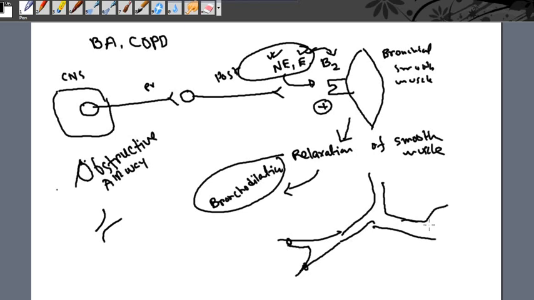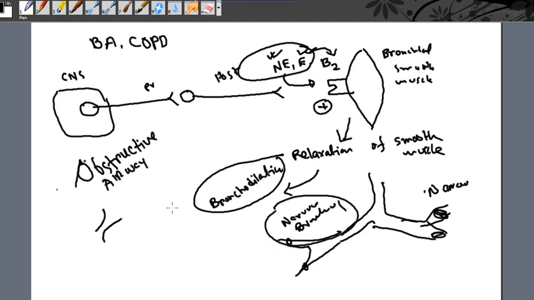In asthma and COPD, this bronchiole is narrow. And in this condition, what happens if you give the patient beta blocker? Look what happens.